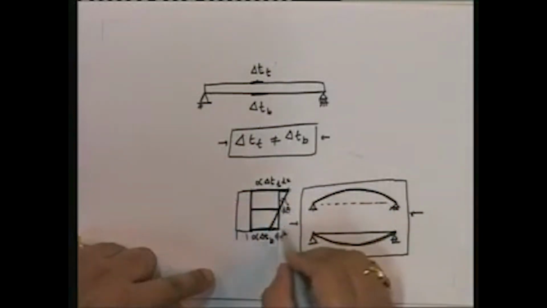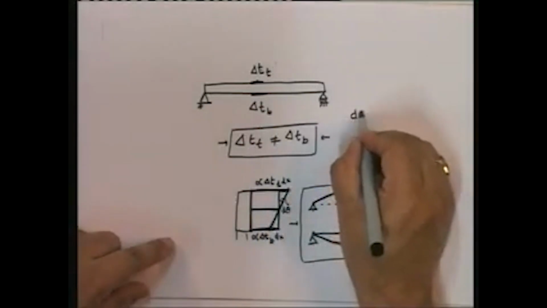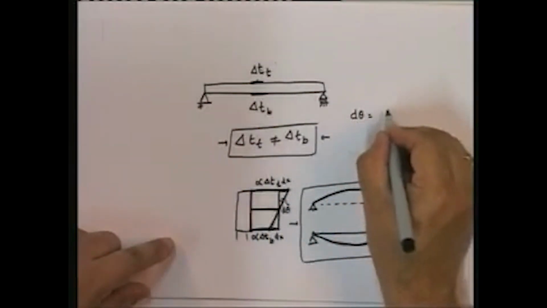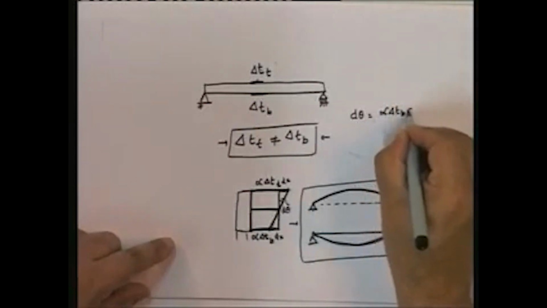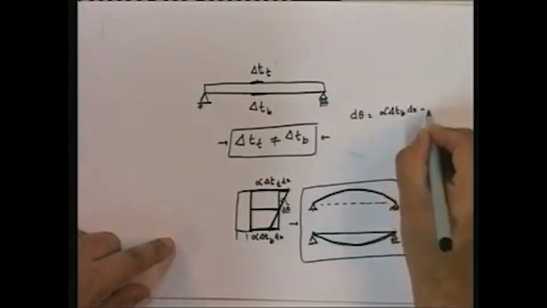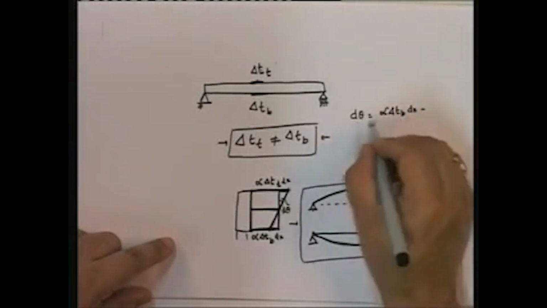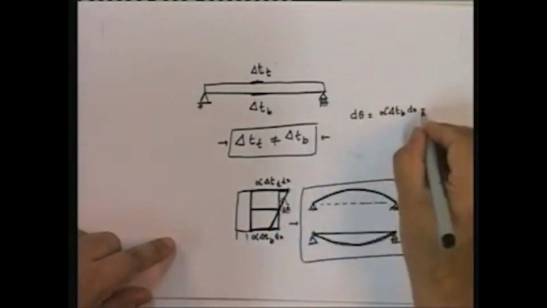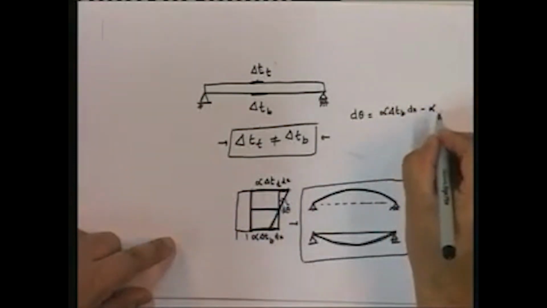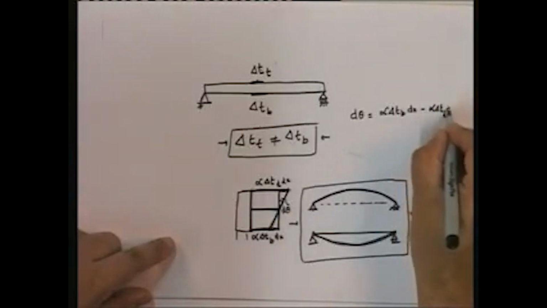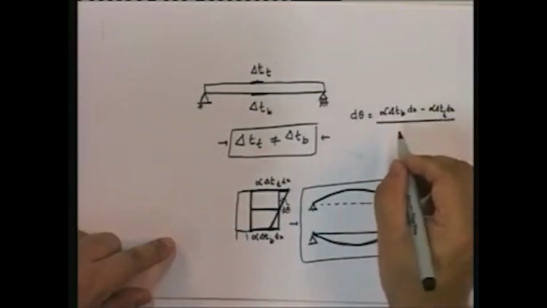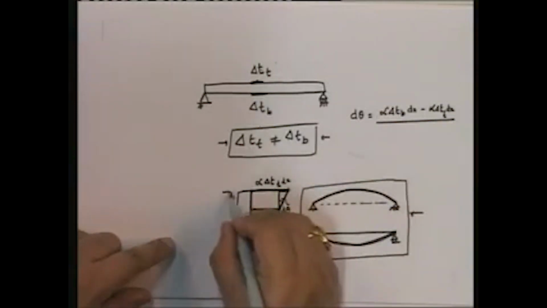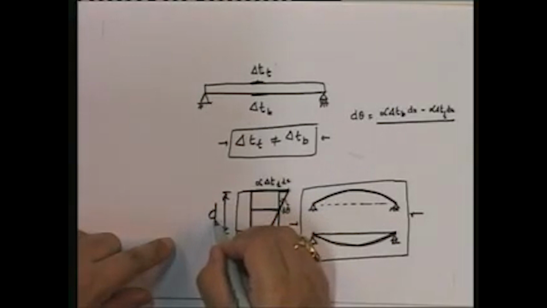And d theta is going to be equal to alpha delta T bottom dx minus, because remember that d theta is positive in this direction, so that's why it becomes negative, alpha delta T top dx all upon what? The depth of the beam.